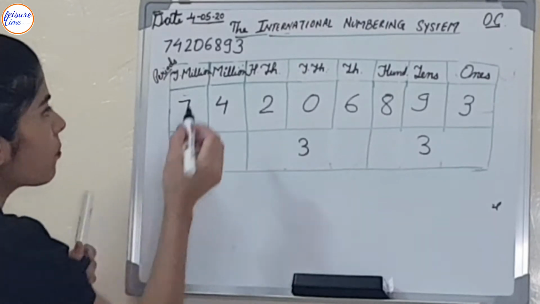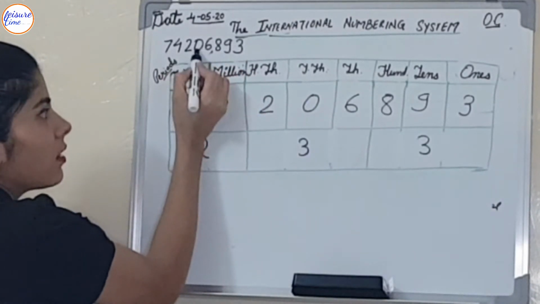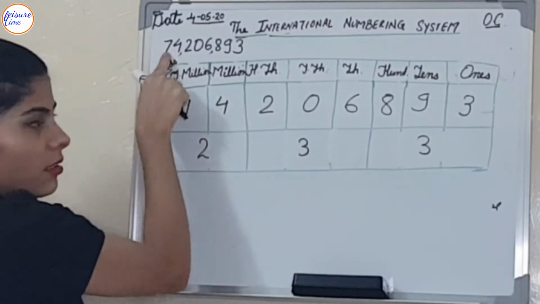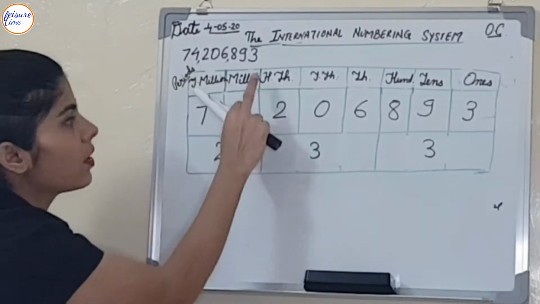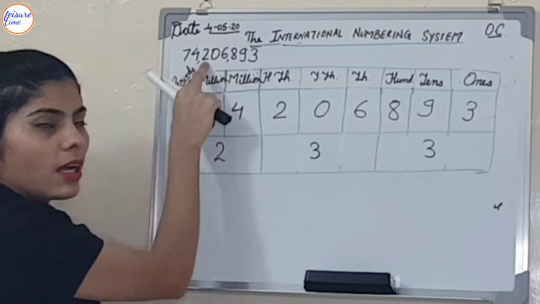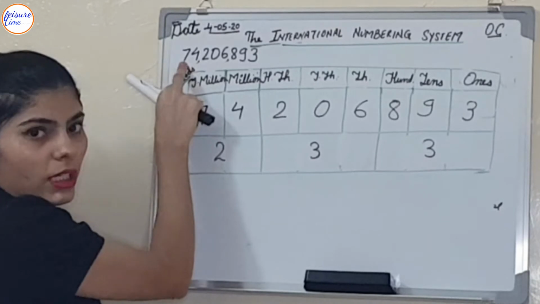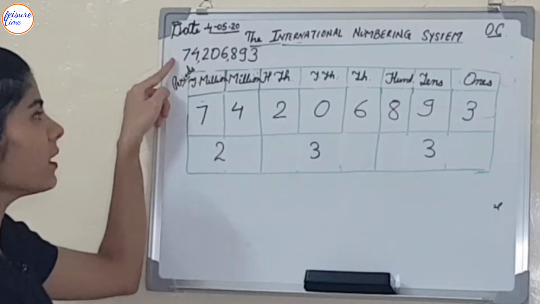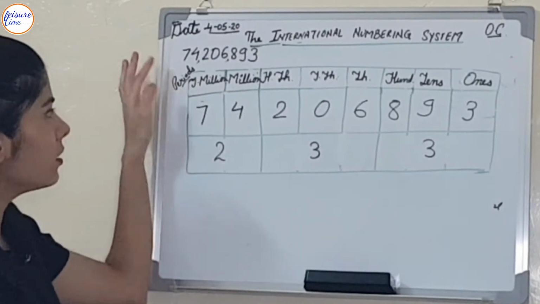So we should place a comma. Then million, then 10 million. Ones, tens, 100, then comma, 1000, 10,000, 100,000, then comma, then million and 10 million. If there are more digits, then it would be 100 million. Now we will discuss only till here.